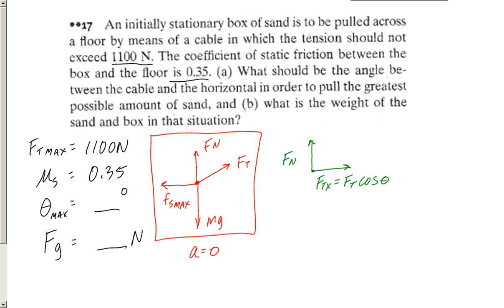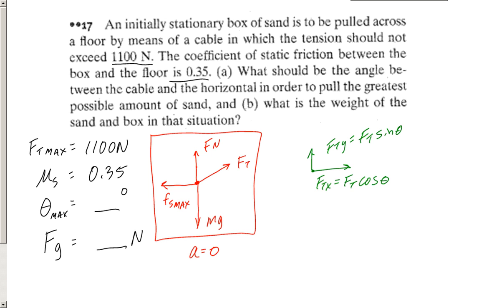But let's do it the other way. Let's put the vertical component of the tension, which would be about that big. This would be FTy, or FT sine theta. I wouldn't suggest putting both of these on your diagram. It's going to get a little crowded.